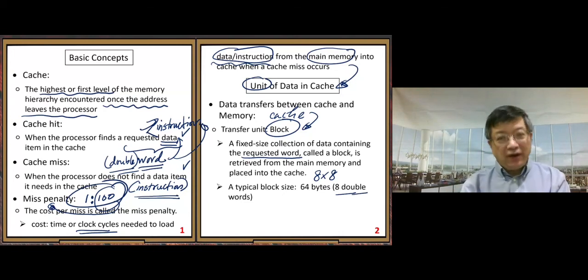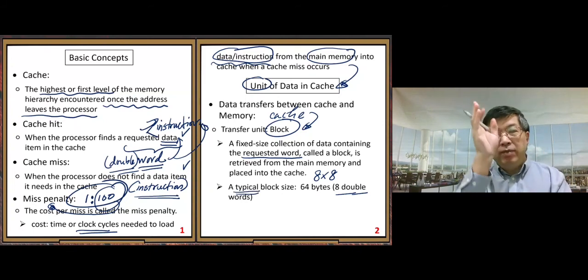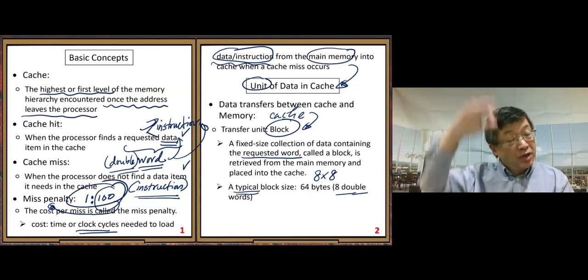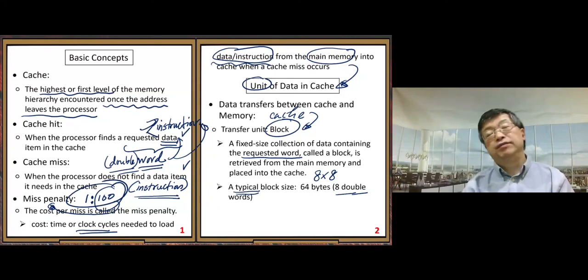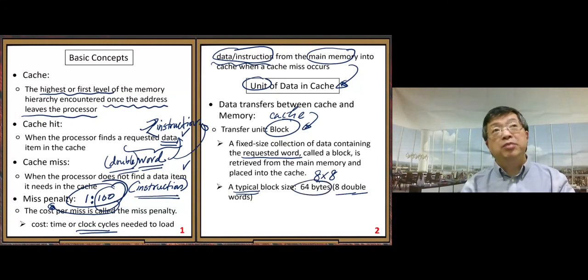Typically, the most frequently used block size is 64 bytes. There is some possibility the size could be different, a small percentage. In all our computation questions, we will use this 64 byte block size.